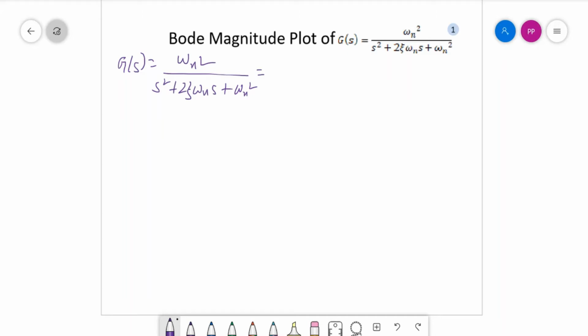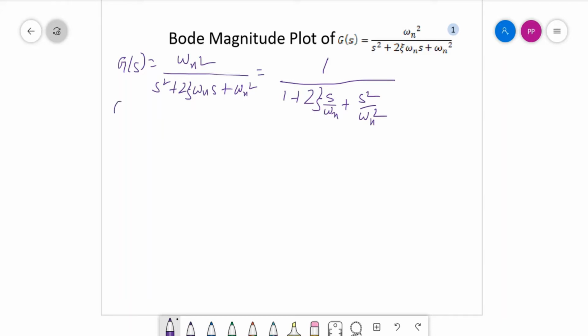This can be written in another form by dividing the numerator and denominator by omega n square. So if we divide the numerator and denominator by omega n square, then we can write omega n square by omega n square is 1, plus 2 eta s by omega n plus s square by omega n square.